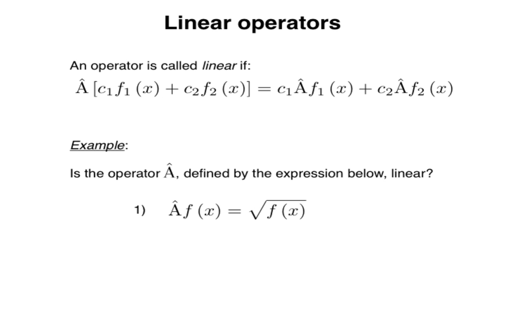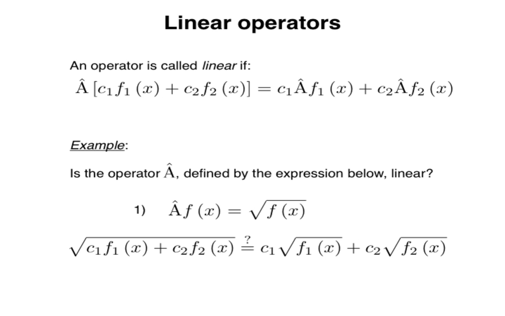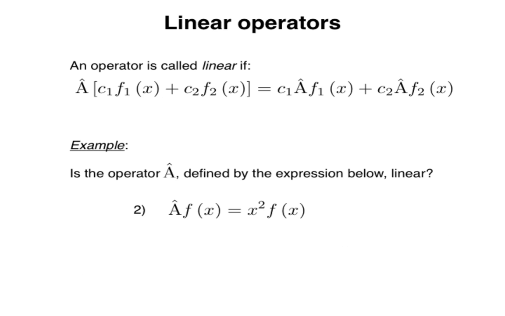Is the square root operator linear? To check this, we write out the linearity condition and ask ourselves whether it is true. Of course, in this case it isn't, so we conclude that the square root operator is not linear. In principle, an operator can be just a function.